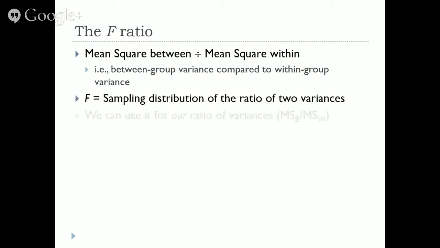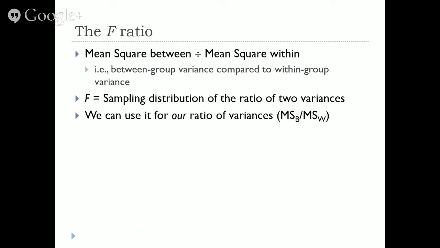And F is the sampling distribution that we use to figure out if that's big enough. So we look at the F distribution, that is all the different sampling ratios like this, mean square between and within ratios that could have happened with these degrees of freedom if the null hypothesis is true, and if there's no actual difference between the means in the population.